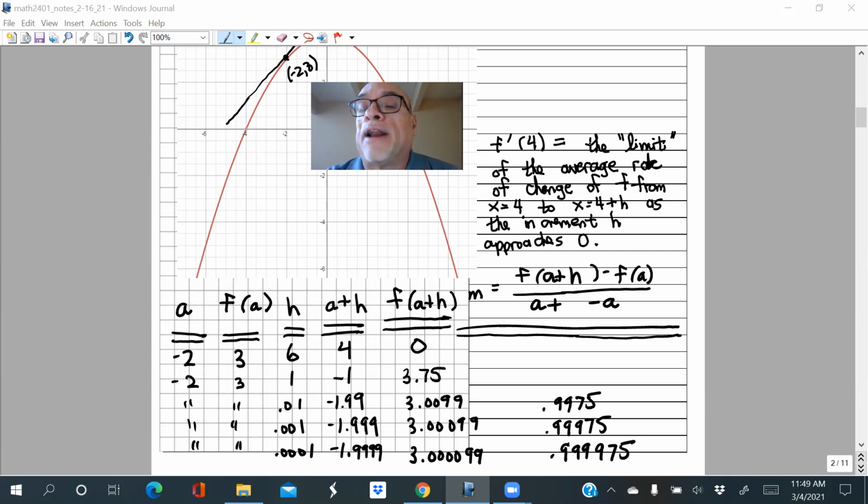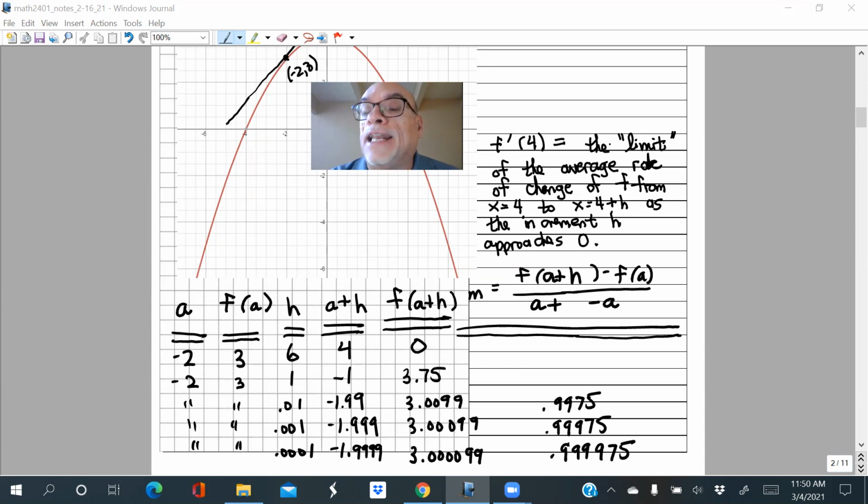What we did was find the, quote unquote, limit. That's kind of an imprecise term, but we found the limit of a bunch of average rates of change. We found the limit of the average rate of change of that function f starting at 4 and going over to 4 plus some little increment. We let that increment get smaller and smaller, so we let that increment approach 0.